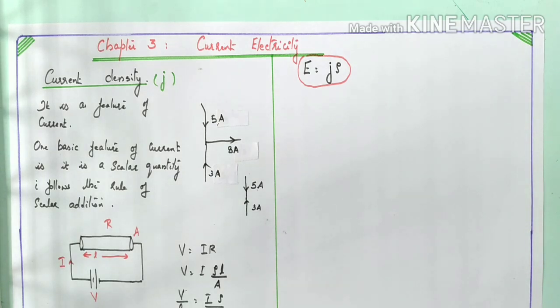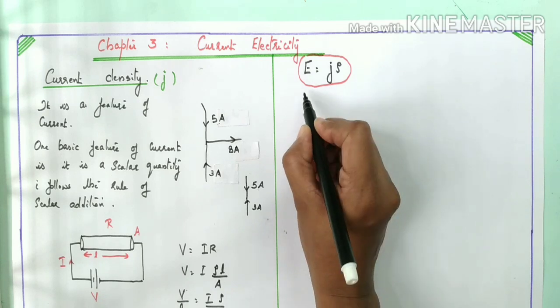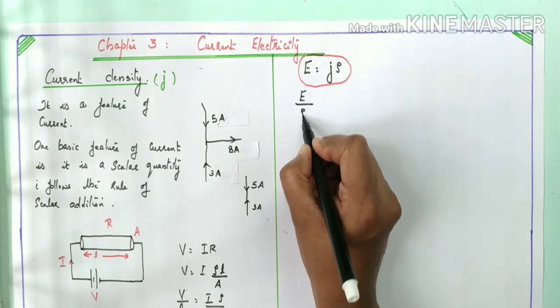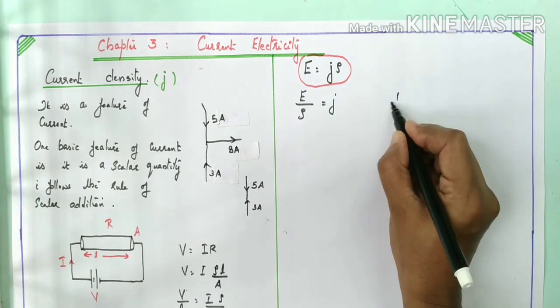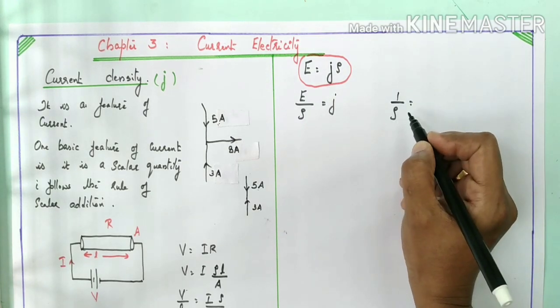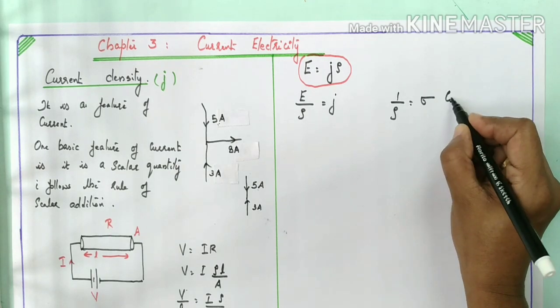This can also be written by taking rho to the denominator. So we can write E by rho is equal to J. Now, what is this 1 by rho? The reciprocal of resistivity is called conductivity, sigma.